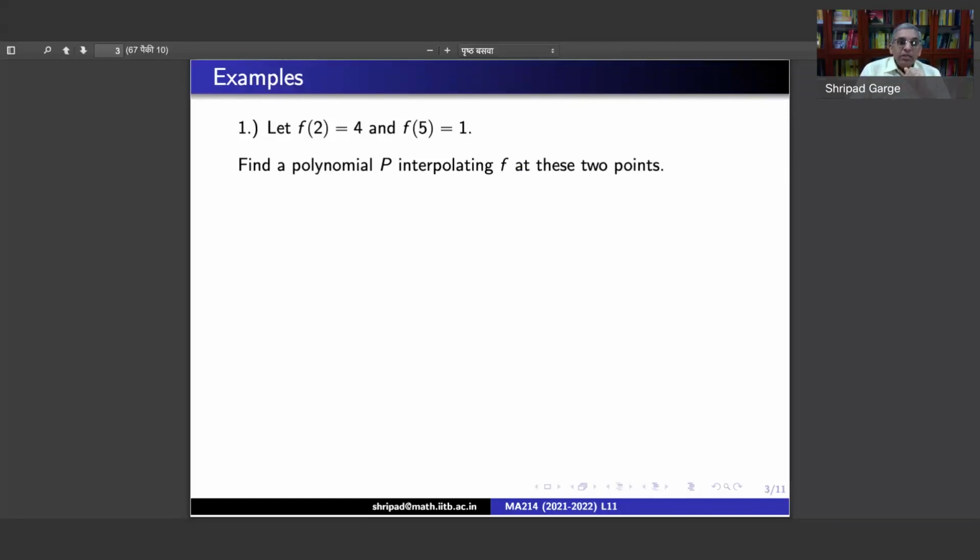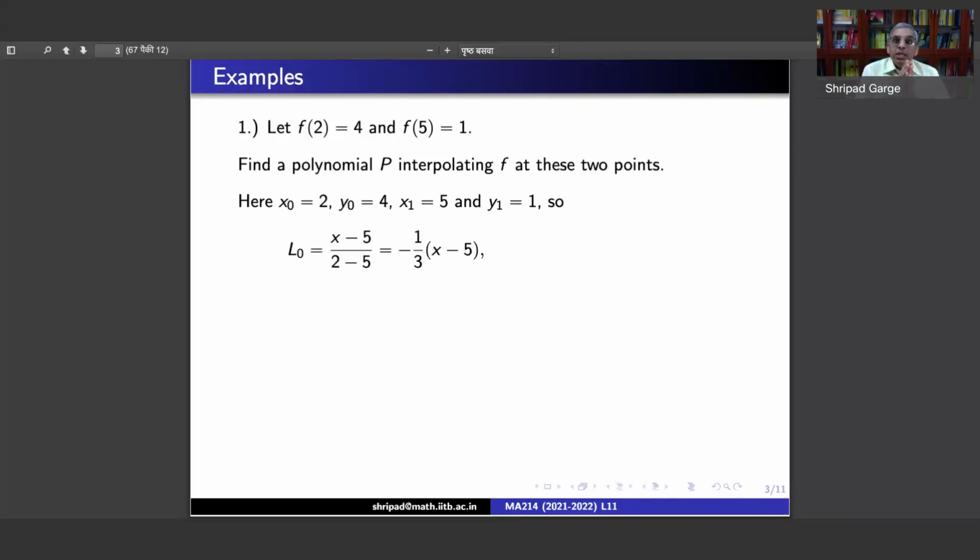So here x0 is 2, and y0 is 4, the value of the function at x0. x1 is 5 and its value y1 is 1. So we can write down L0. Now L0 has to be 0 at x1 and it should be 1 at x0. Since it is 0 at x1 which is 5, it should be a multiple of x minus 5.